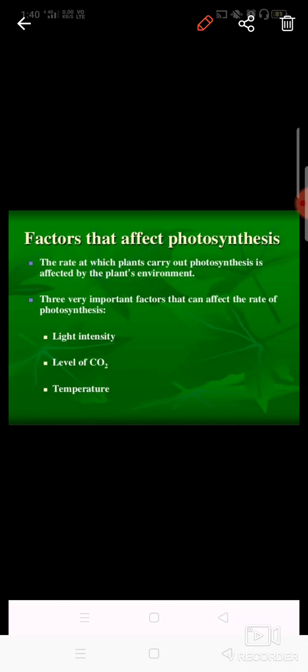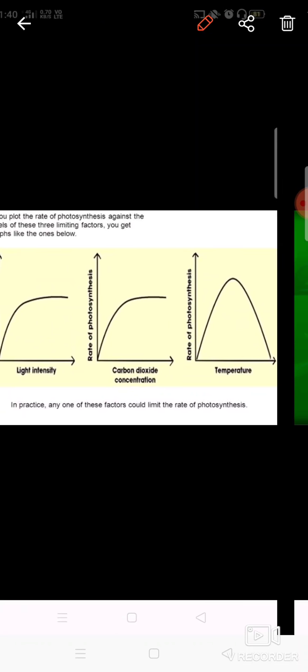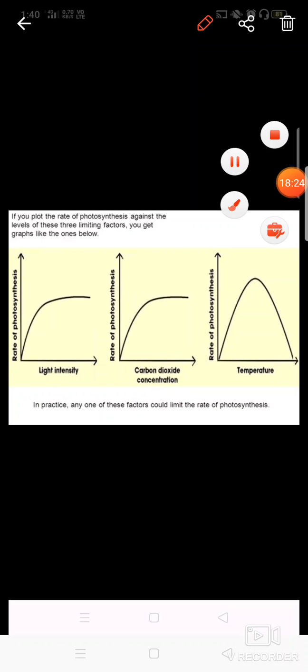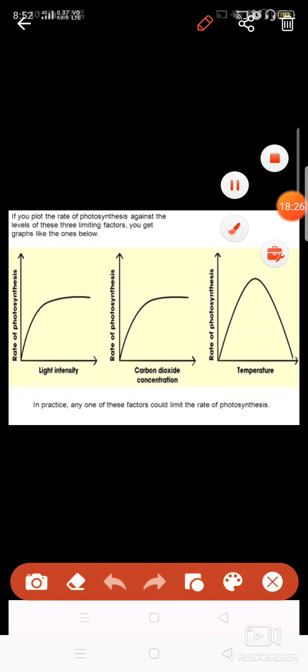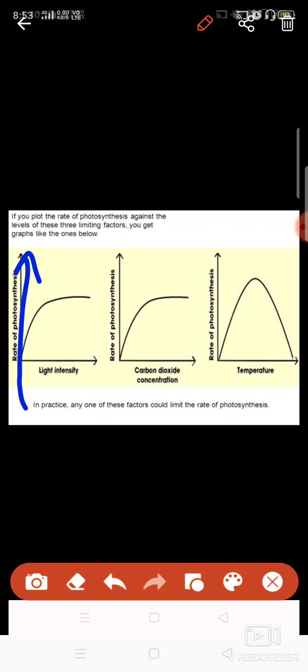Let us see what will happen. Here is the graph of all these three factors. You see first one, light intensity, which is the amount of light which is absorbed by the chlorophyll. In this graph we have plotted the rate of photosynthesis on the y-axis, and light intensity on the x-axis.